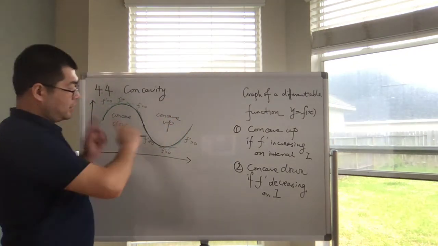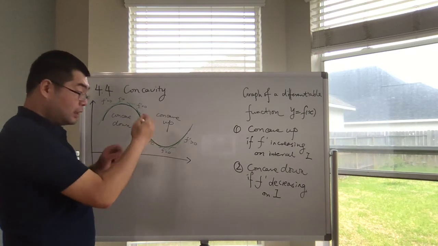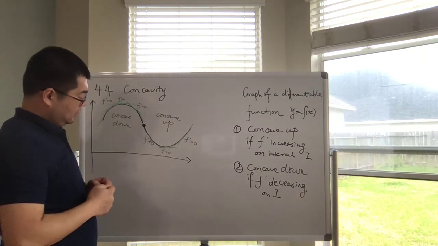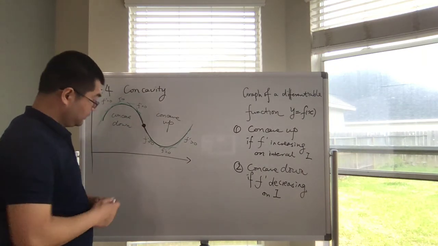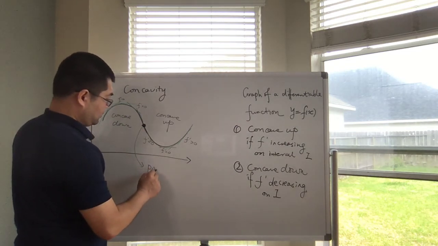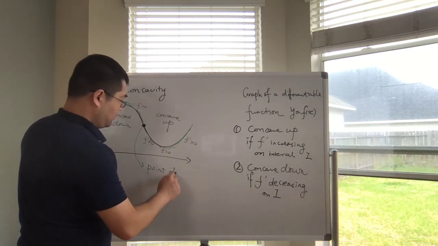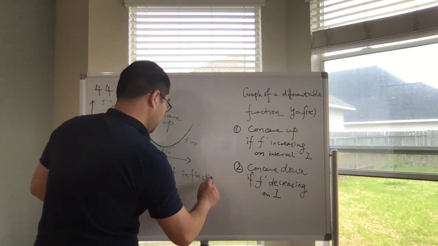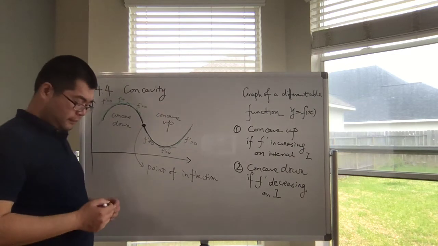So the concavity changes at some places, and for here I plotted a point, and we have a name for this point, which is the point of inflection, okay, point of inflection.